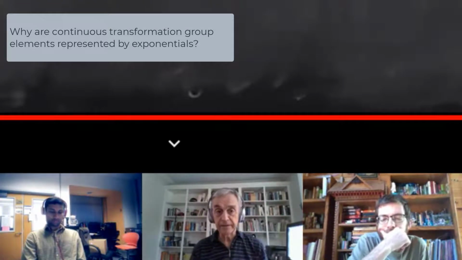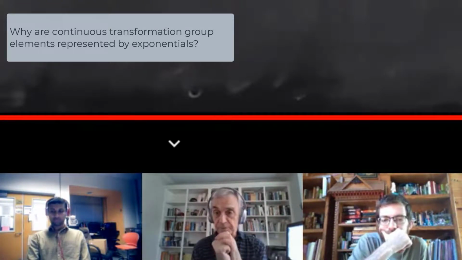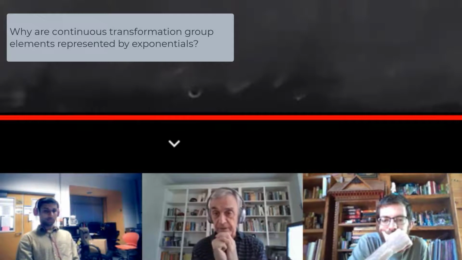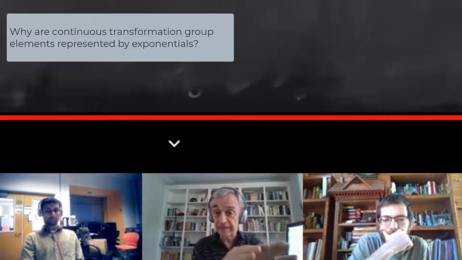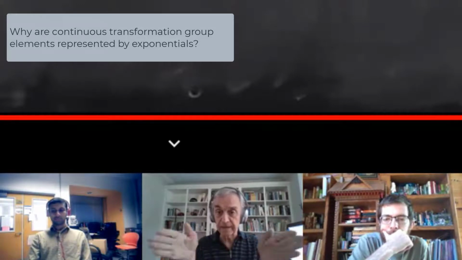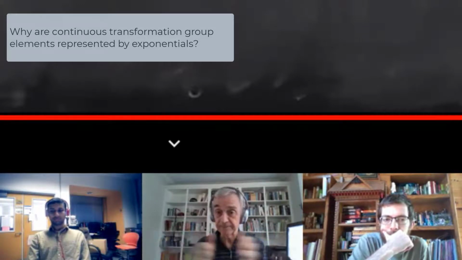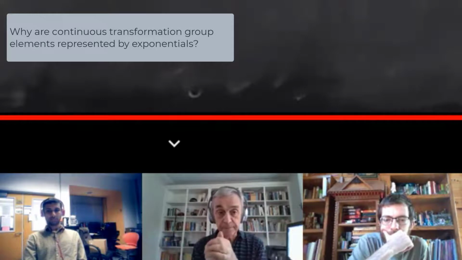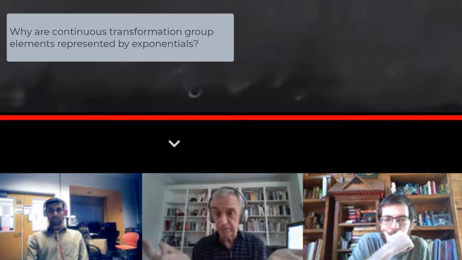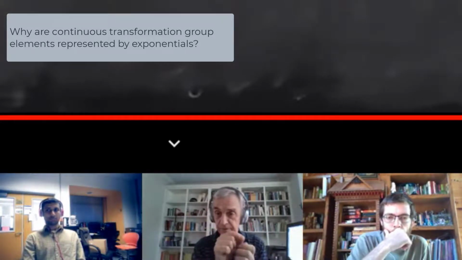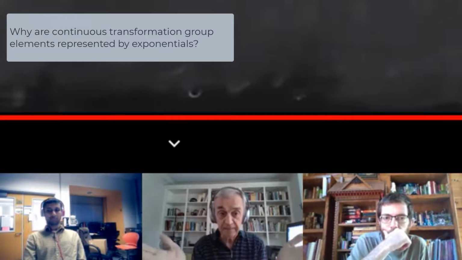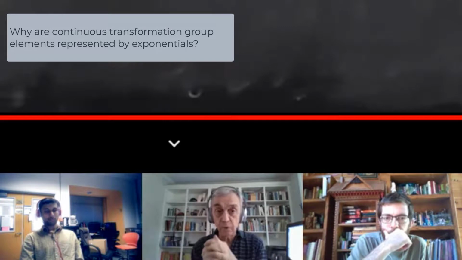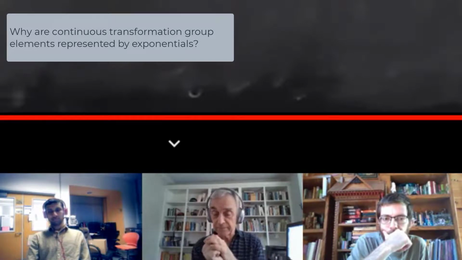And the big difference between finite groups and continuous groups is that you have to get used to new ideas. While finite groups are specified by a finite list of elements and the order of the group, that notion doesn't work for continuous groups because they're parameterized by continuous numbers. So there are infinitely many elements. So the order of the group is meaningless when you talk about continuous groups.